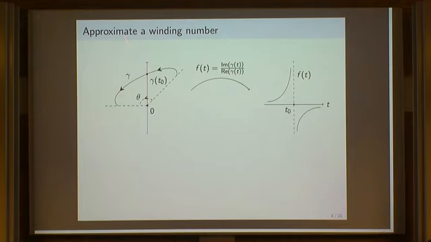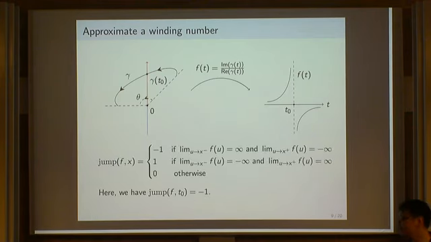This is because we know that the real part of gamma t0 is 0, and f is positive before t0 and negative after t0.